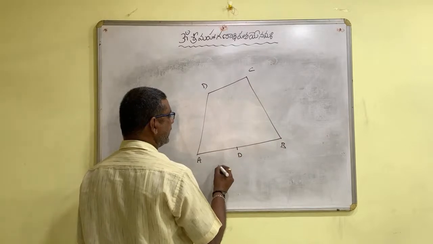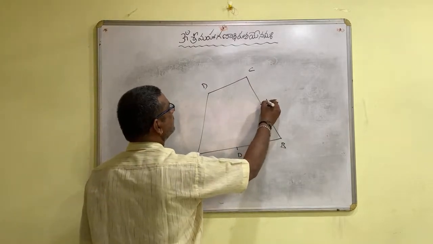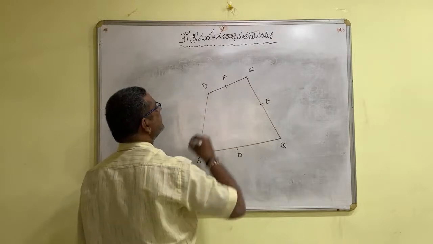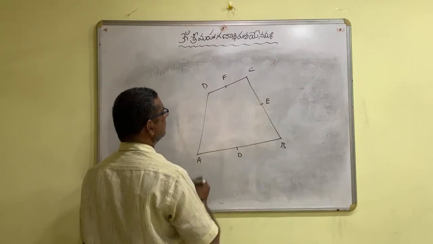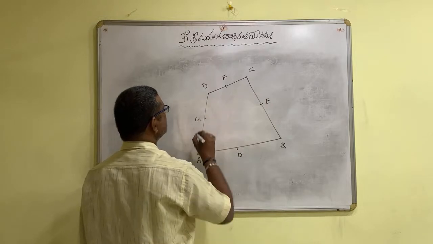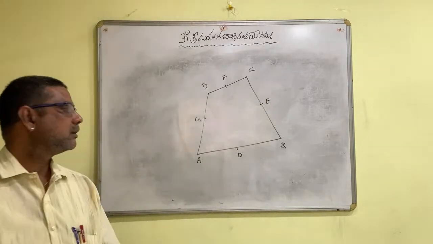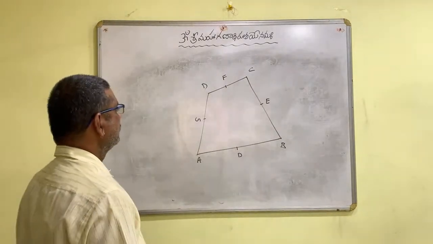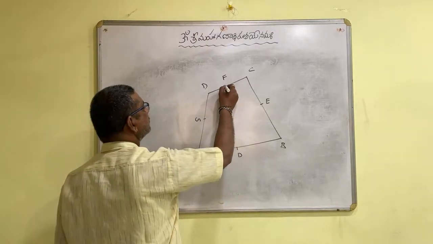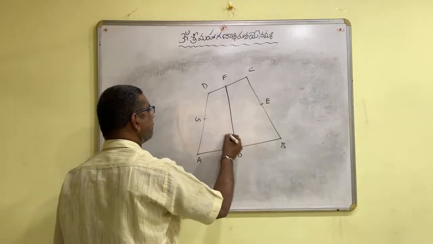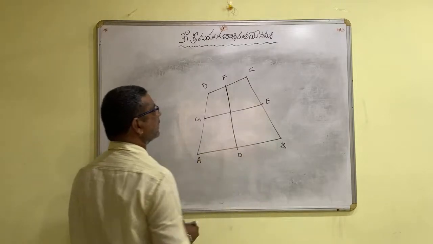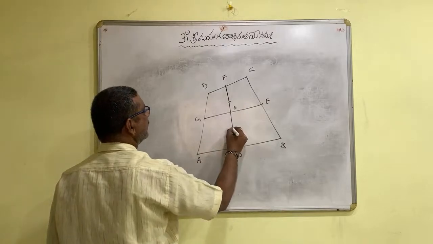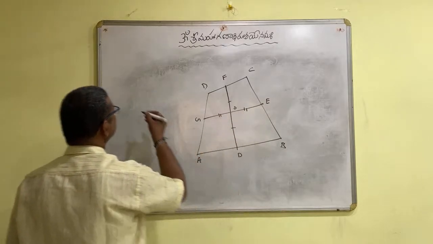D is the midpoint of AB, E is the midpoint of BC, F is the midpoint of DC, G is the midpoint of AD. We need to prove that the segments joining the midpoints of opposite sides bisect each other.